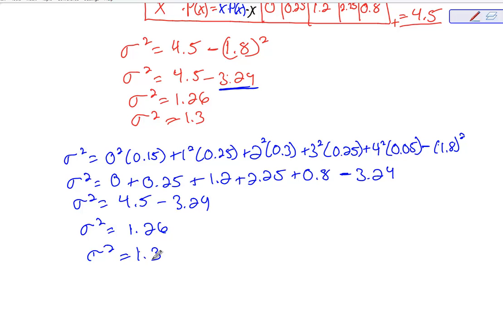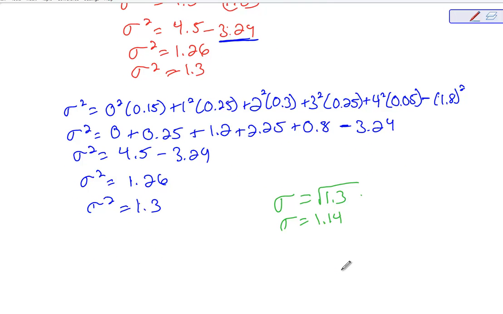These are our variances. We still need our standard deviations. The standard deviation is the square root of our variance. So we take the square root of 1.3 and we get 1.14. Again, rounded properly, that becomes 1.1.